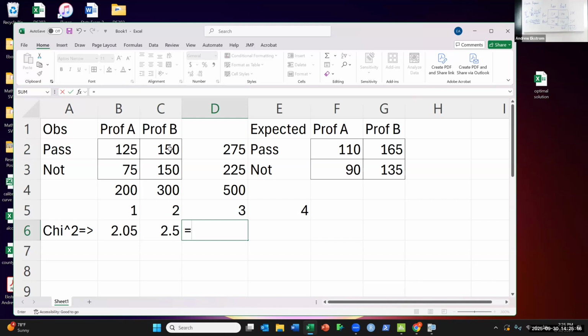Do this again: open parentheses, observed minus expected, quantity squared, divided by expected. Then for this final one, equal to open parentheses, observed minus expected, close parentheses, quantity squared divided by expected.